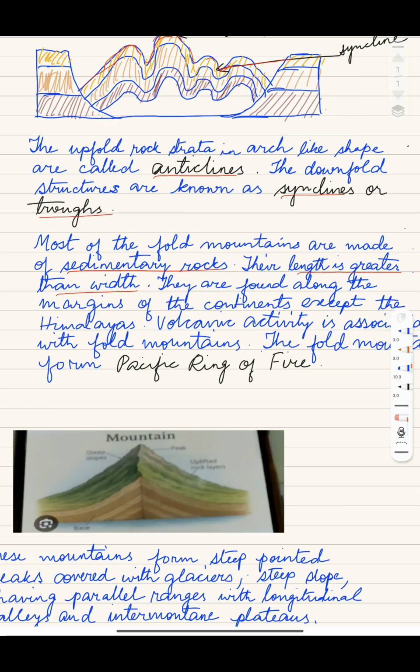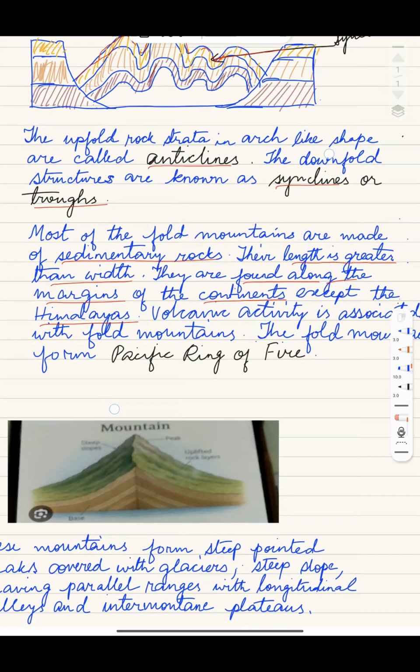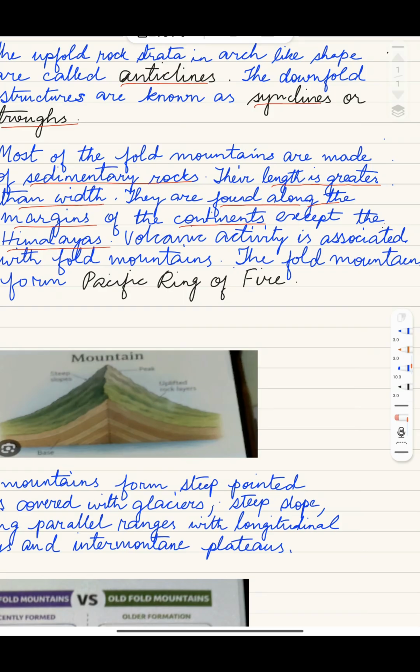Number 4, they are usually found along the margins of the continent, except of course the Himalayas. Number 5, the volcanic activity is always associated with fold mountains. The fold mountains form the Pacific Ring of Fire.